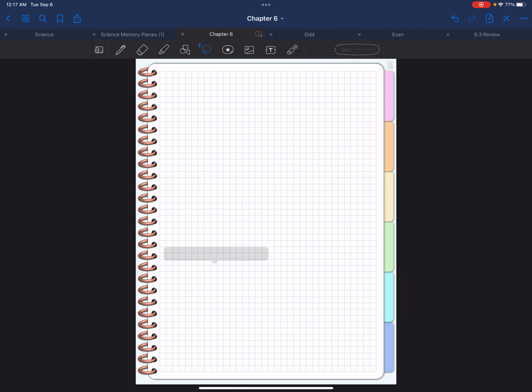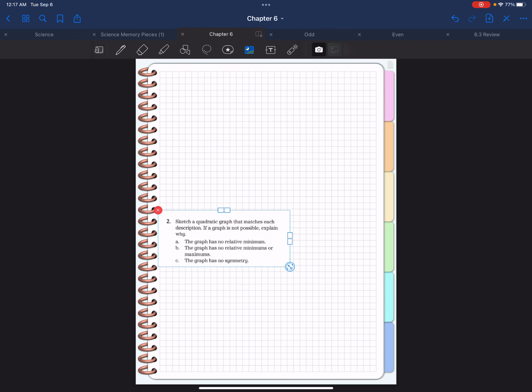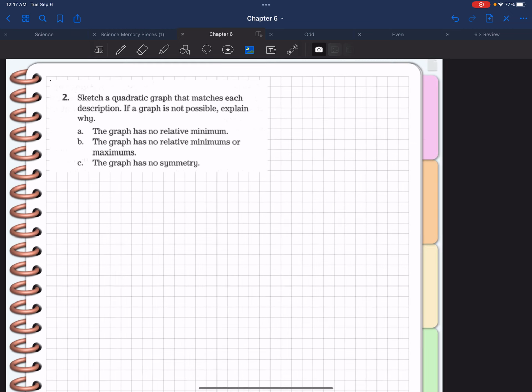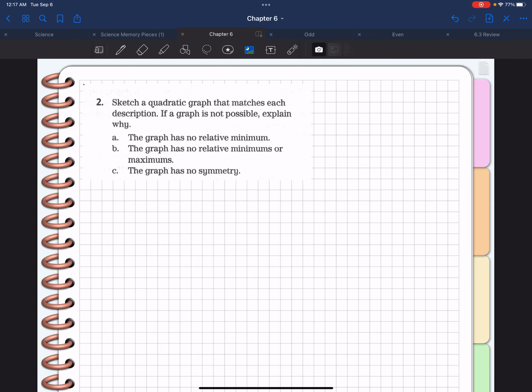So we are supposed to sketch a graph that fits these conditions. It is supposed to be a quadratic graph, so that means parabola.